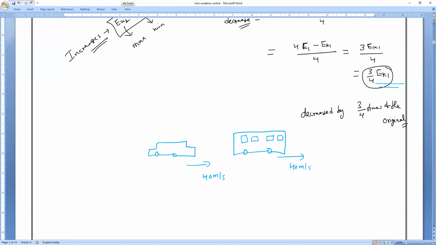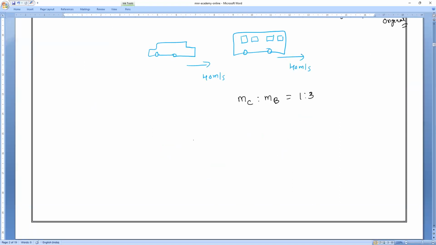What I will say is, a good student in physics always goes for free body diagrams, FBD. If you make FBDs, you can always try to solve the question easily. And they're giving the mass ratio: mass of a car is to mass of a bus is 1:3. Am I right? So what are the kinetic energies they are asking?